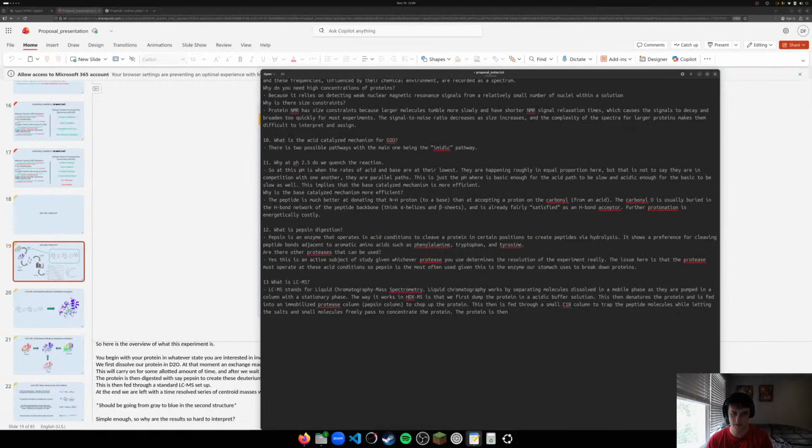The protein is then eluted to an analytical column, which is a reverse phase C18 column, which will separate peptides according to their hydrophobicity.